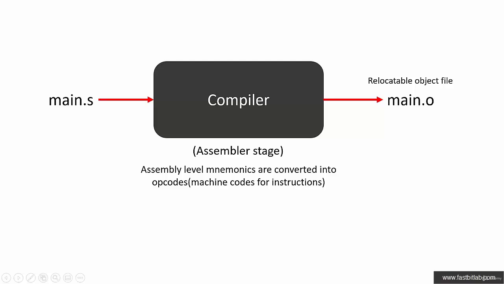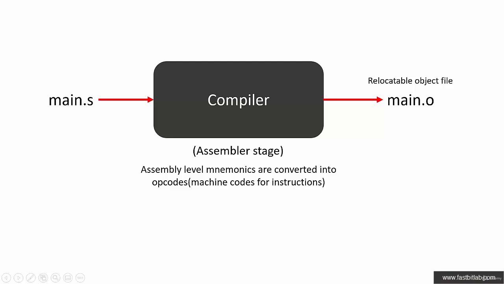In the assembler stage, the assembly level mnemonics are converted into opcodes. Opcodes are nothing but machine codes for various instructions, because at the end of the day, the target or the processor understands numbers or machine codes.